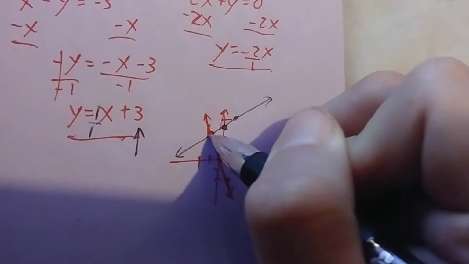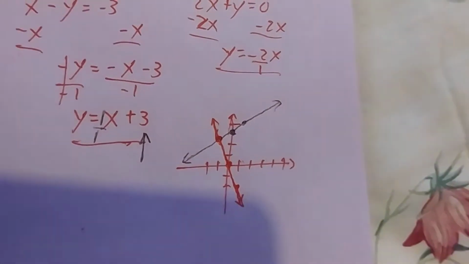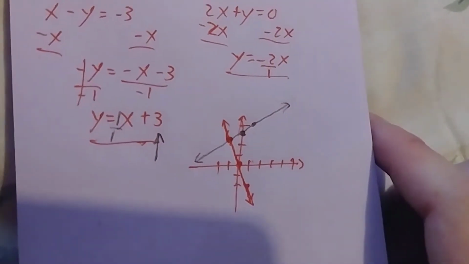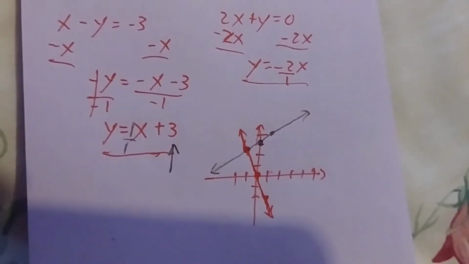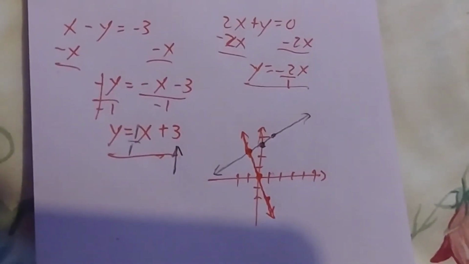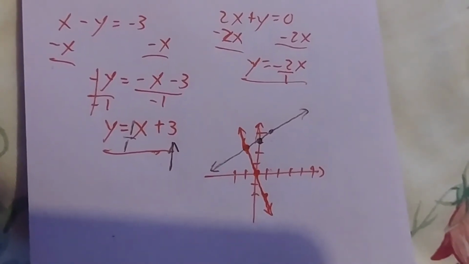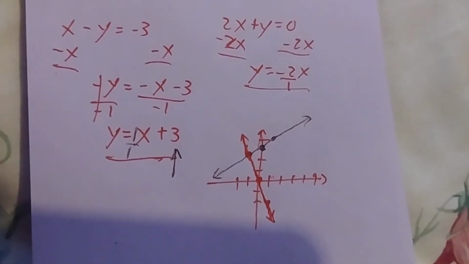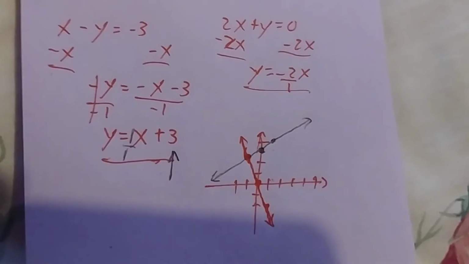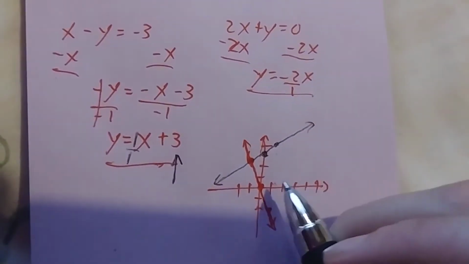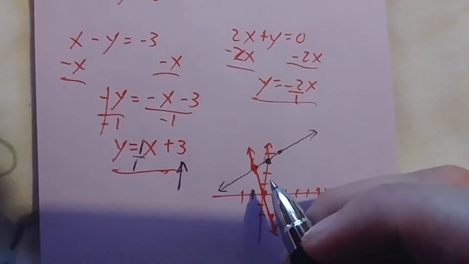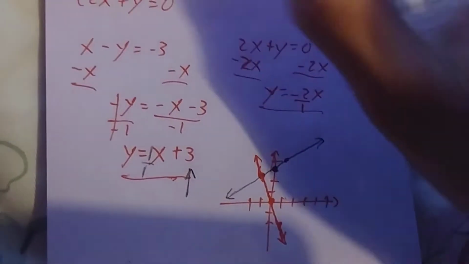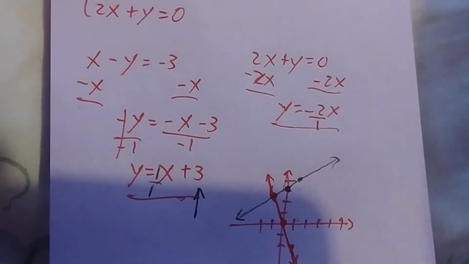And this point here, the point where the graphs intersect, is going to be my solution to the system of equations. So let's see if we can find this solution. It seems to be back 1 and up 2. Let's see if that's one of the solutions we're given for number 6.